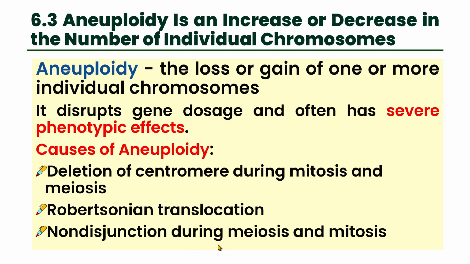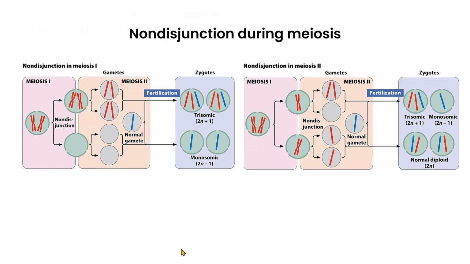It could be from the deletion of centromere during cell division, Robertsonian translocation, or non-disjunction during meiosis and mitosis. Especially non-disjunction, where two homologous chromosomes did not separate, and as a consequence, they are brought into the new daughter cells, forming an imbalanced number of chromosomes in the daughter cells.